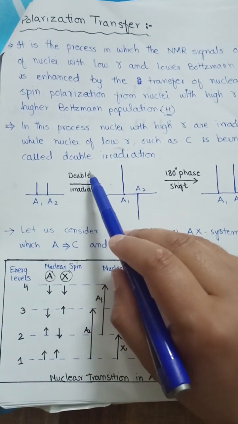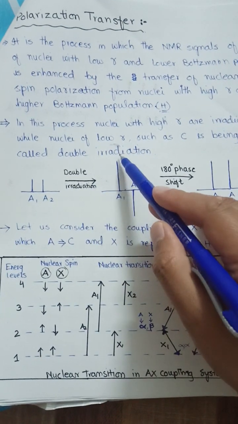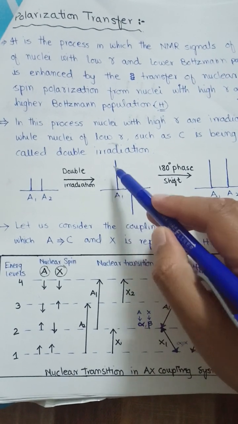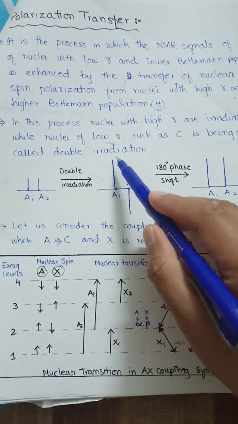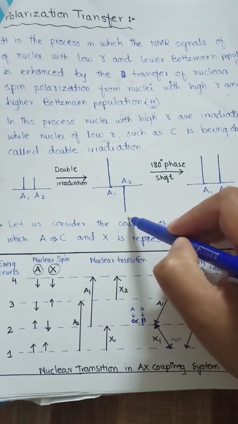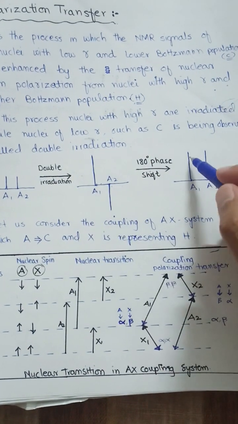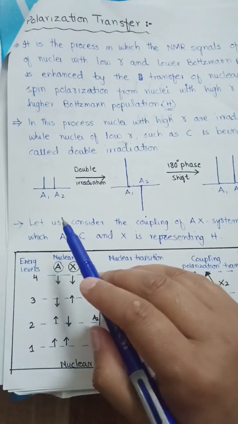When the double irradiation occurs, these signals will be enhanced. One will be in the positive direction and the other in the negative direction. Then after a 180 degree phase shift, we get both signals in the upward direction, the same direction.